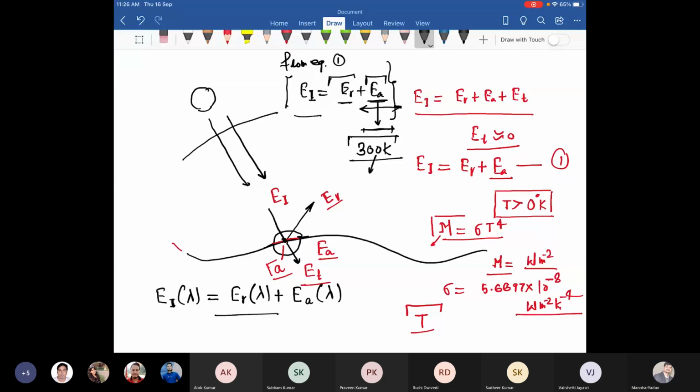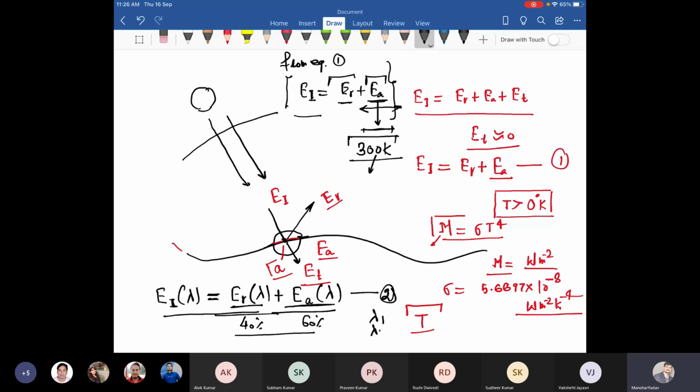So this is the second equation, where we also consider the effect of wavelength. It means this composition, EI equal to reflected plus absorbed, changes with respect to wavelength. Let's say if this is 40% for one particular wavelength lambda 1, and this is 60%.